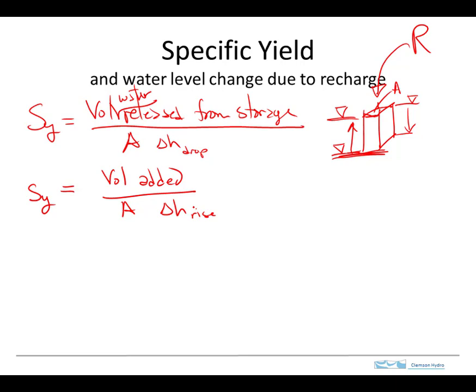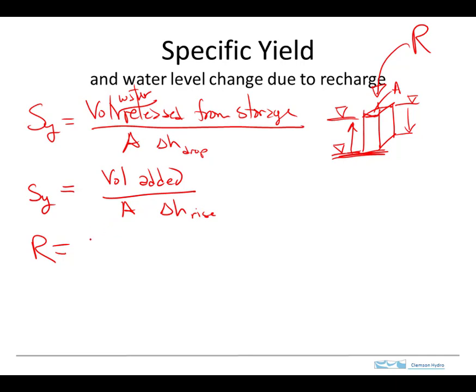Okay, well, we also then should recognize that the recharge, if we have recharge being a flux, then it would be a volume that's added per area per time. So an annual recharge rate would be a volume of water that's added per unit area of the aquifer.